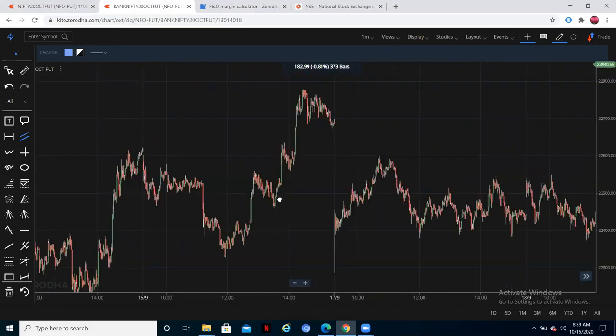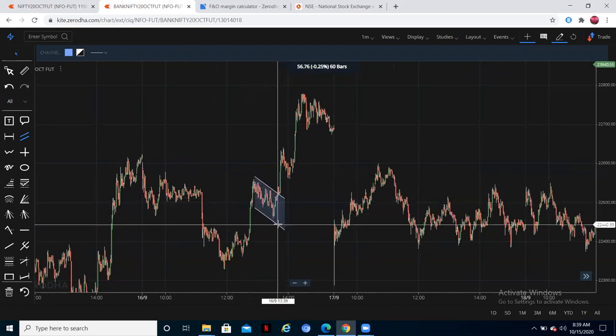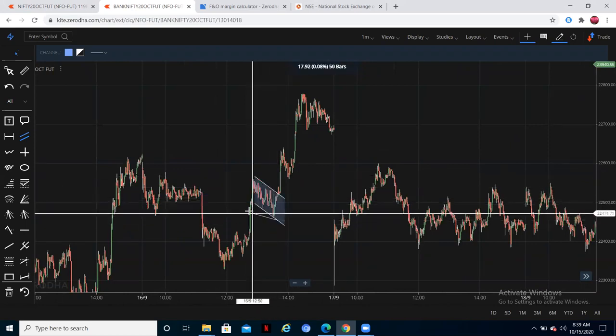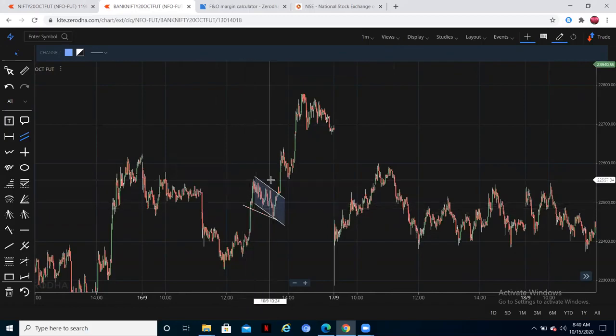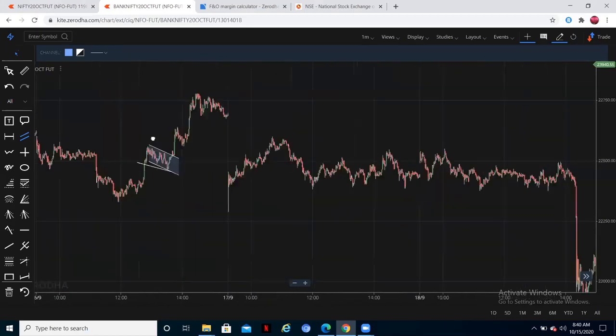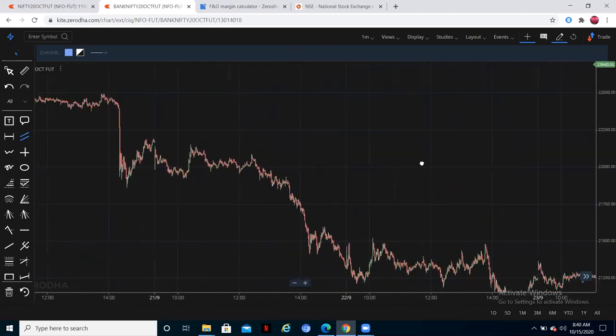Here you can see, in case I find a bullish flag, they will set the stop loss on the low of this particular candle and book the profit. But that is not that accurate. Like here, I can see a descending triangle.